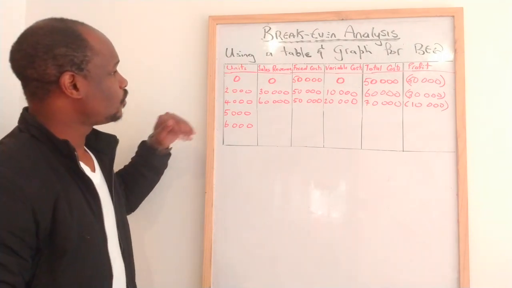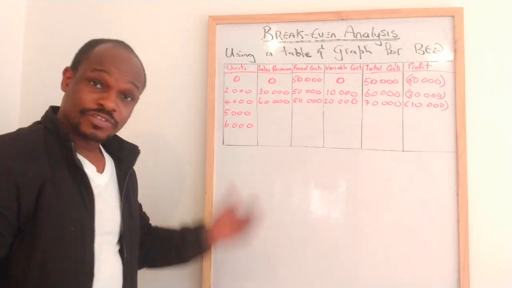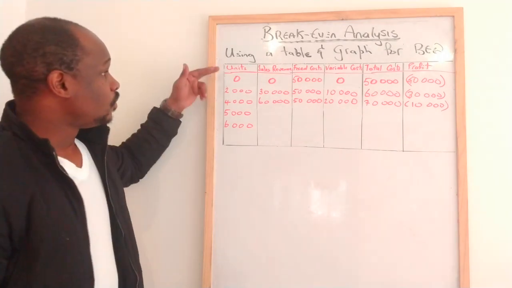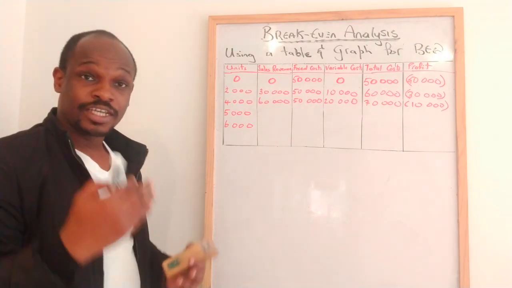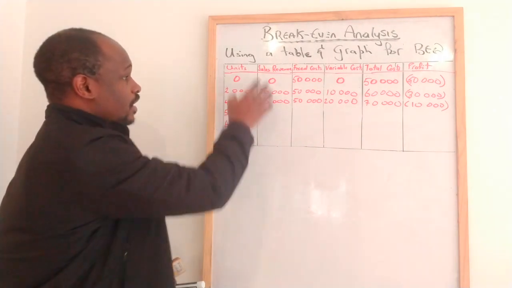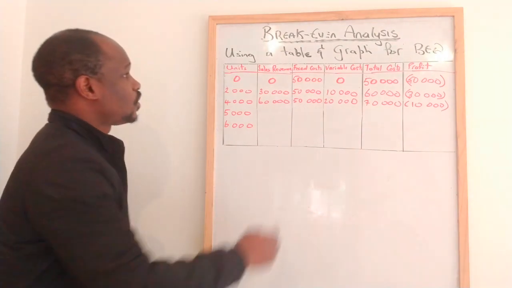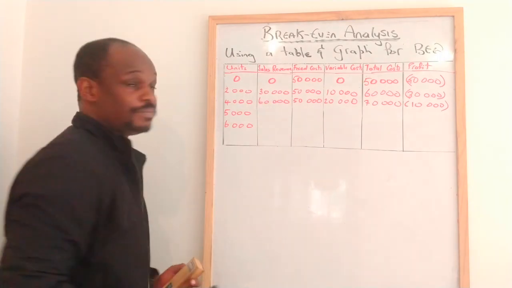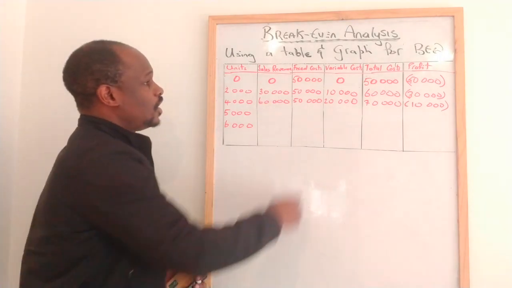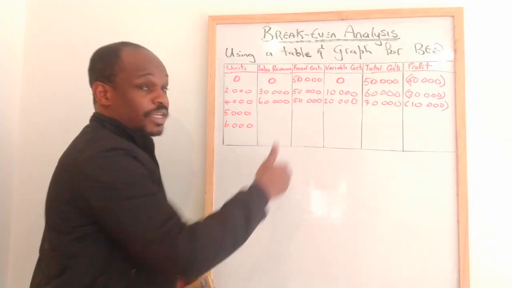But let's say we are in the production line, we've started production, and we produced 2,000 units, and we're assuming that these things are proportionate. So the sales revenue then is 30,000. Our fixed cost remains the same, which is 50,000. As you remember, fixed cost remains the same.